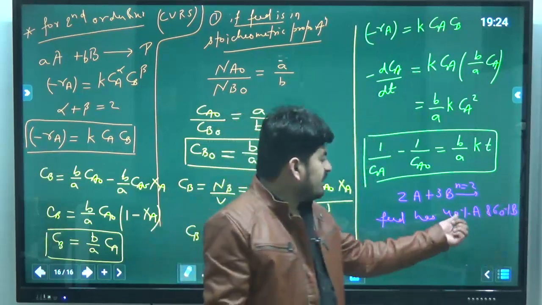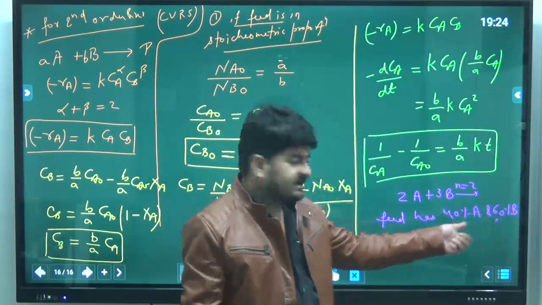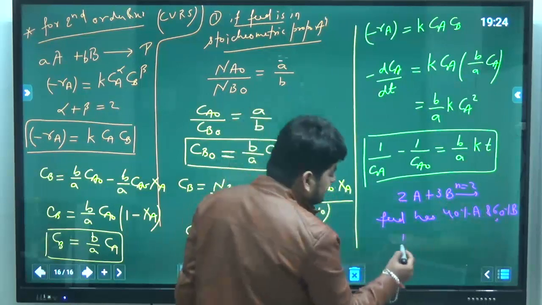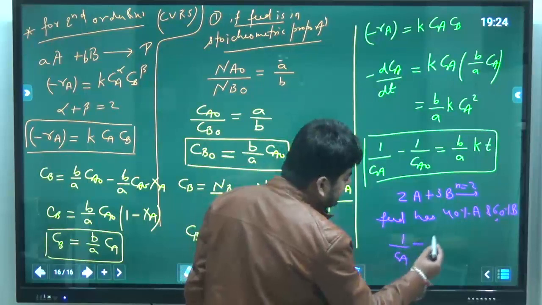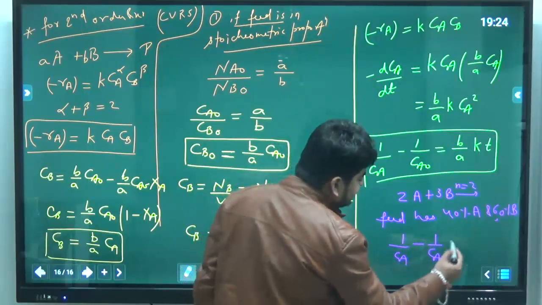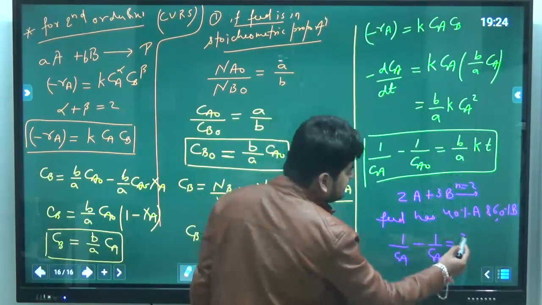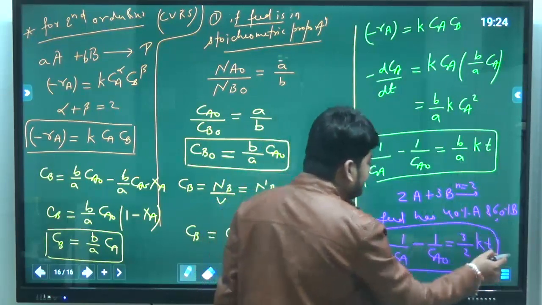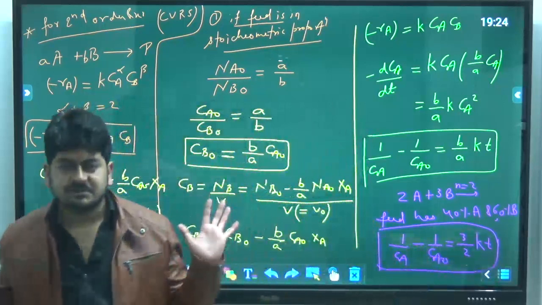So you can see Na0 upon Nb0 will be same as their stoichiometric ratio 2/3. So here you can directly write the kinetic equation 1 over Ca minus 1 over Ca0 equal to B by A, that means 3/2 times Kt. Simple, done. Problem solved. Finished.